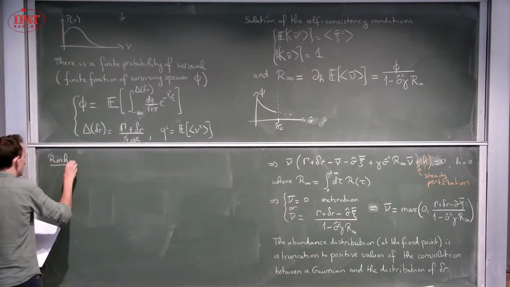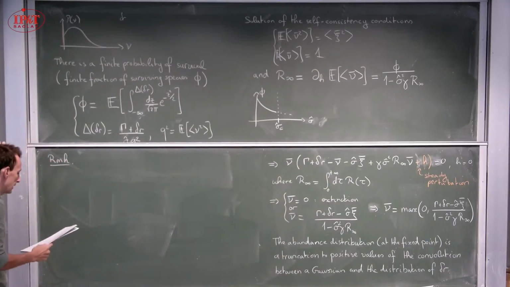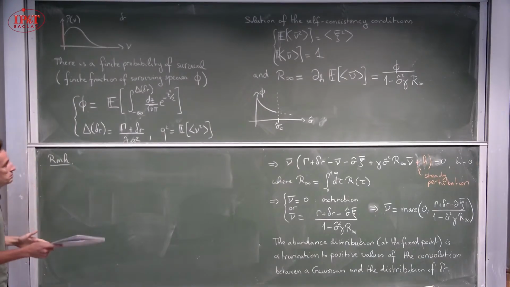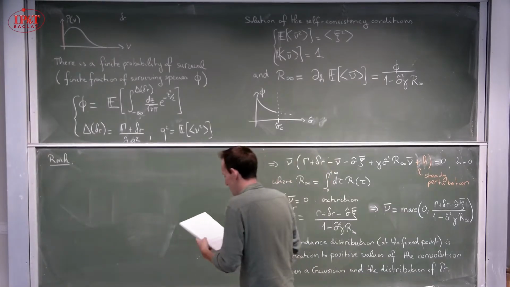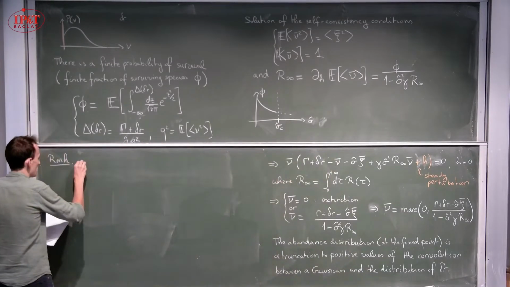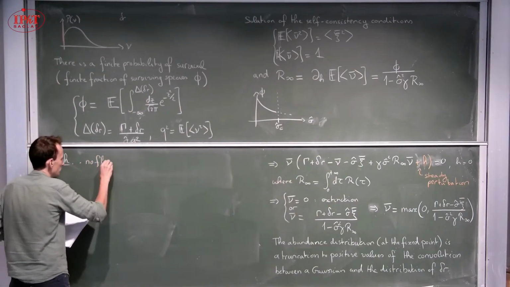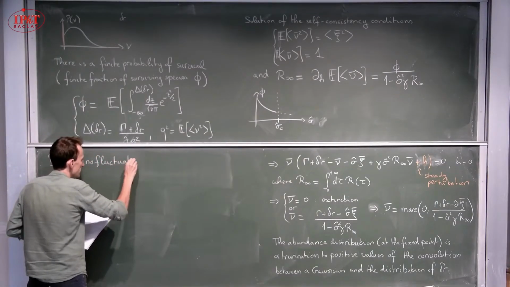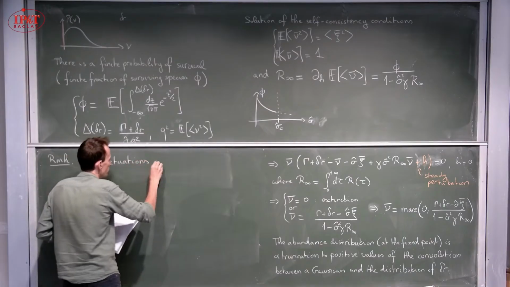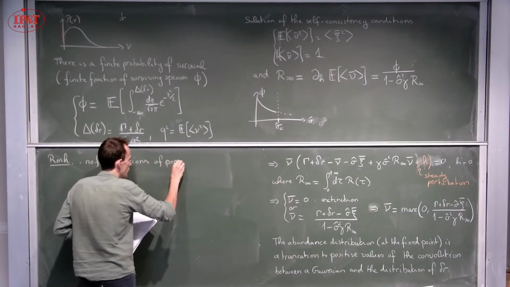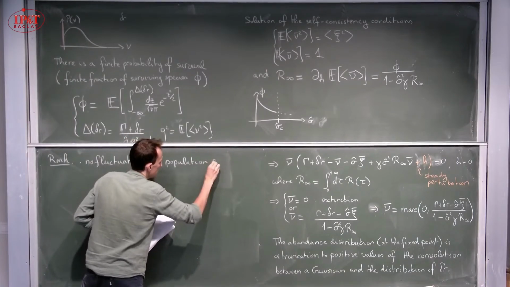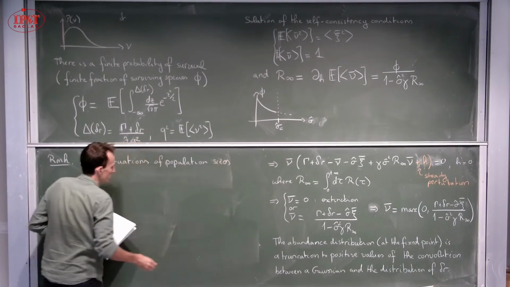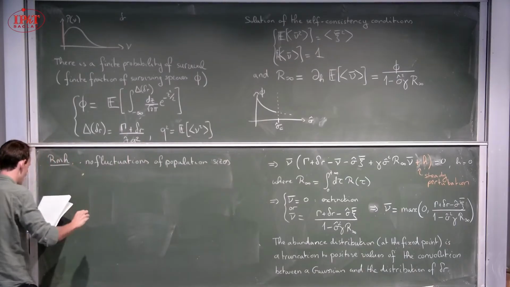Okay, so now two remarks, coming back to things that we had said about generic empirical properties of many species ecosystems. It's trivial because it's a fixed point phase, but there are no fluctuations of population sizes, which is not the general rule in many species ecosystems.